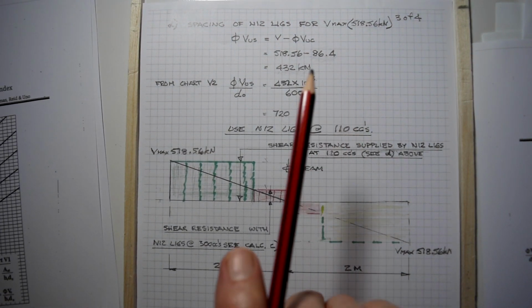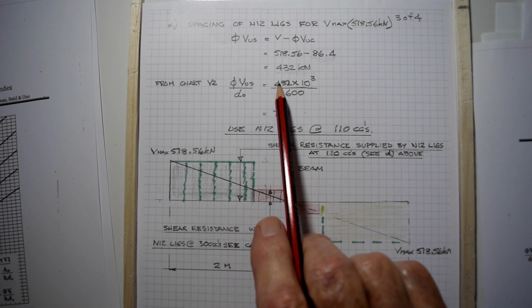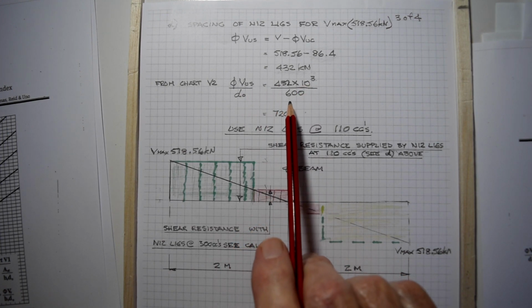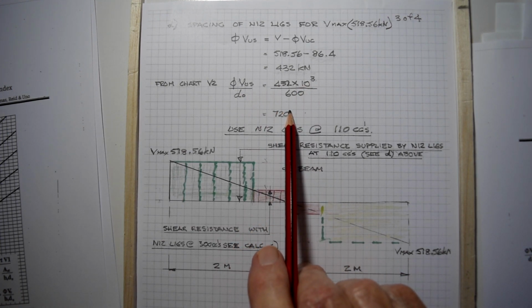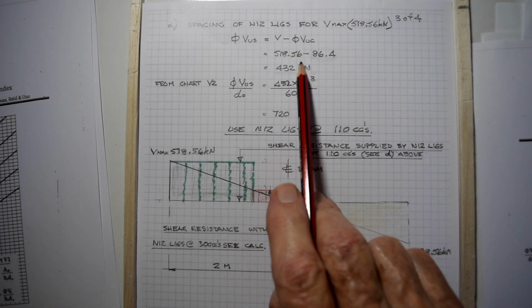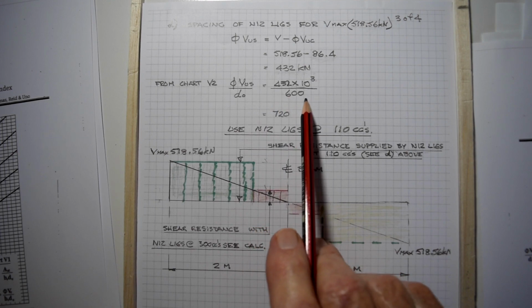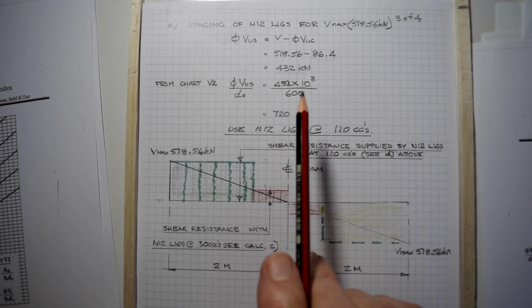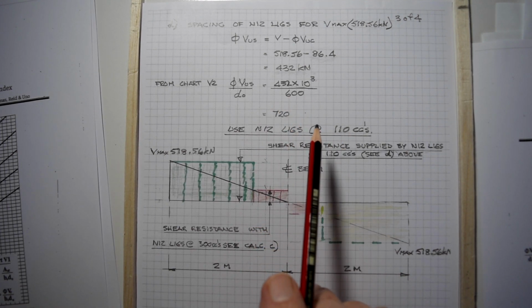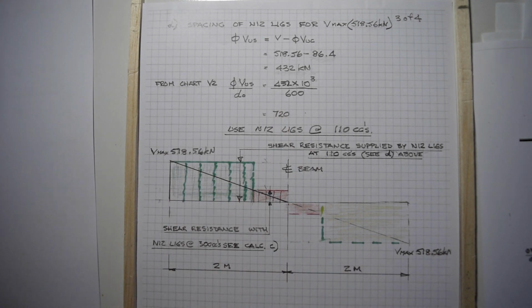we work out 5 VUS over DO, which gives us a figure of 720 from chart number 2.